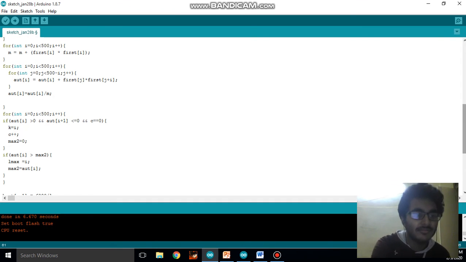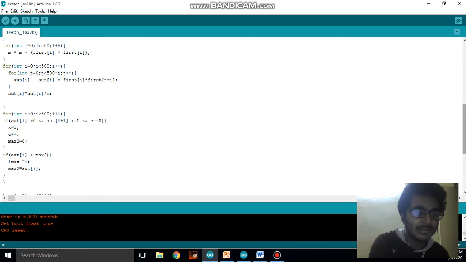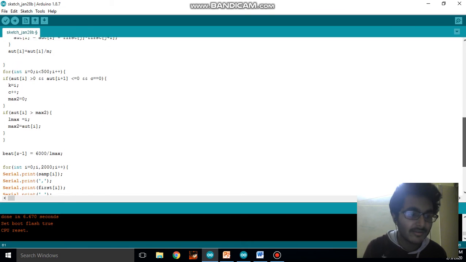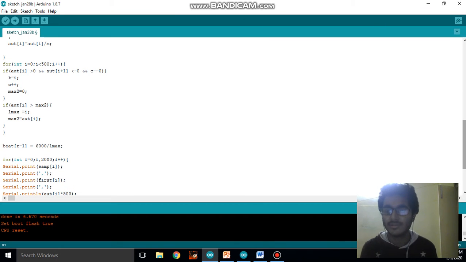Next we found the maximum value, as the i value remains at the first zero crossing point, and with that we found Lmax, which is the distance from the 0 point to the point at which the maximum value exists.